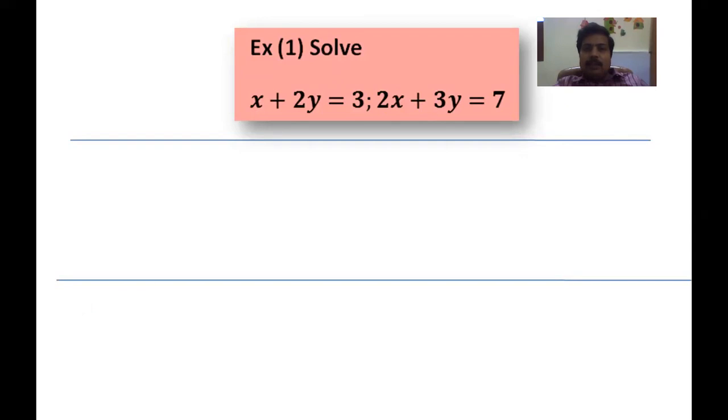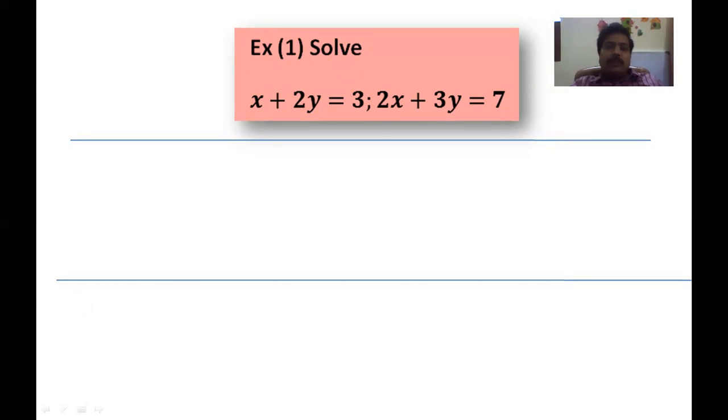Let us look into the significance of the null space of a matrix A by this simple example. Solve x plus 2y is equal to 3 and 2x plus 3y is equal to 7. We need to solve equations on many occasions.